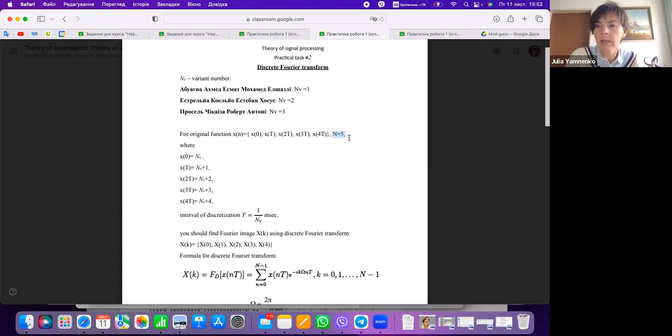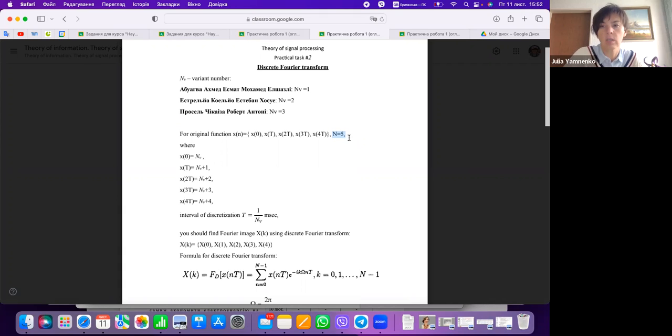Of course, in real applications and real tasks, these numbers would be much larger, more than 5, because if we operate with real discrete signals, in practice the number of discrete values could be tens or maybe hundreds.